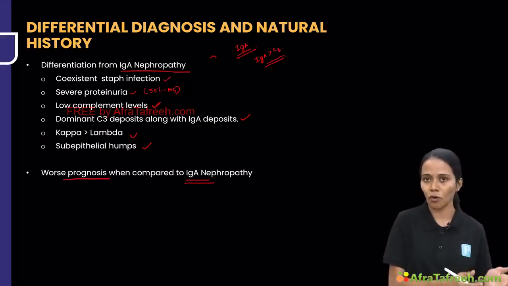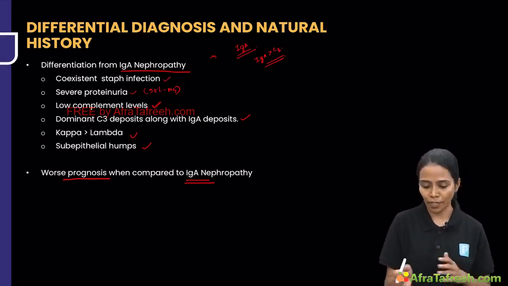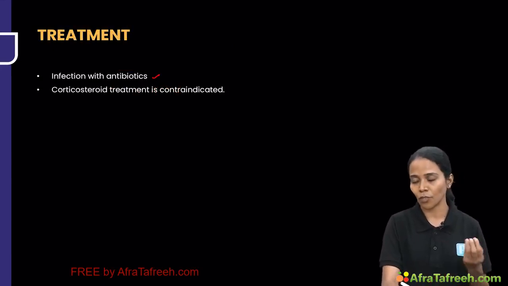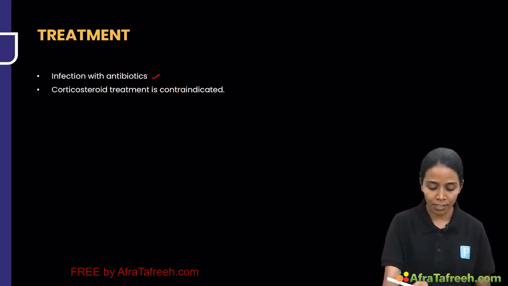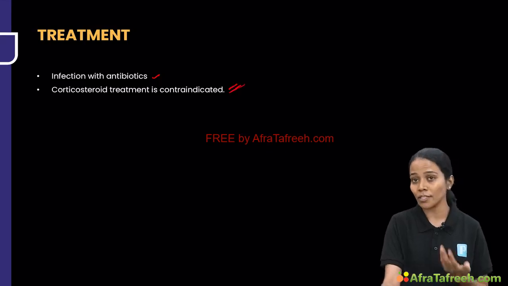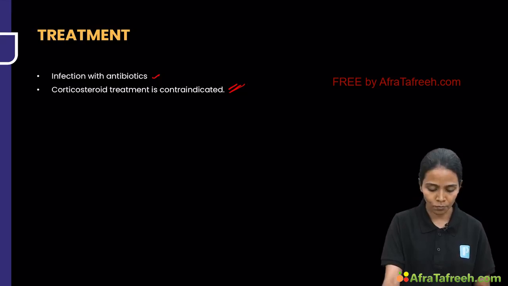Now, treatment is to treat the coexistent infection with antibiotics. Corticosteroid treatment is contraindicated because it's going to worsen the infection and hence worsen the infection-related glomerulonephritis. Sometimes the infection can be life-threatening also.